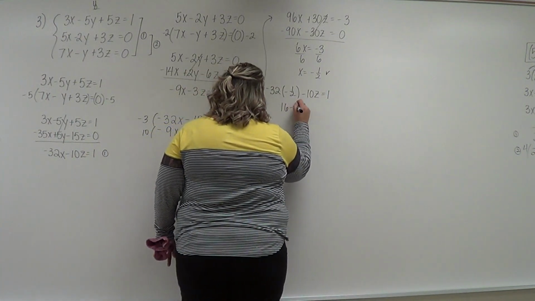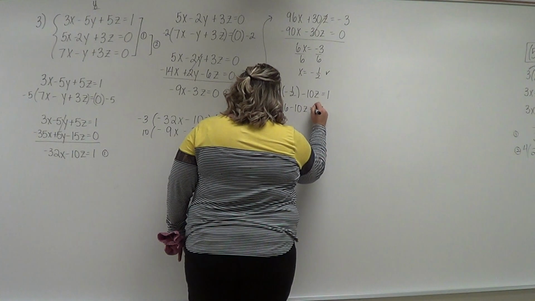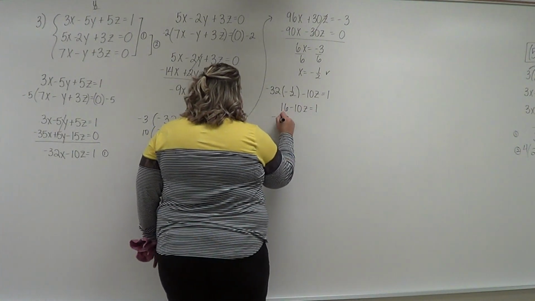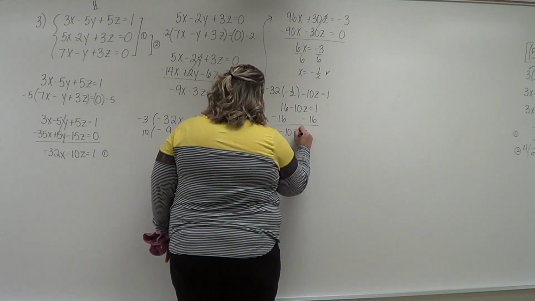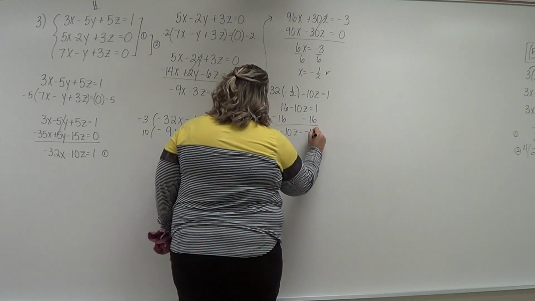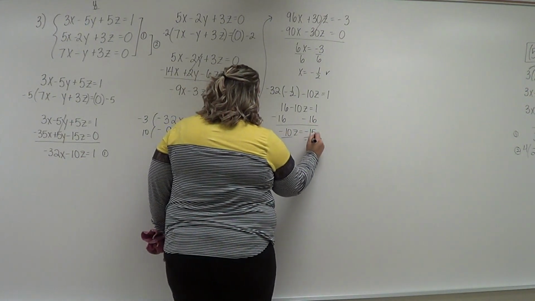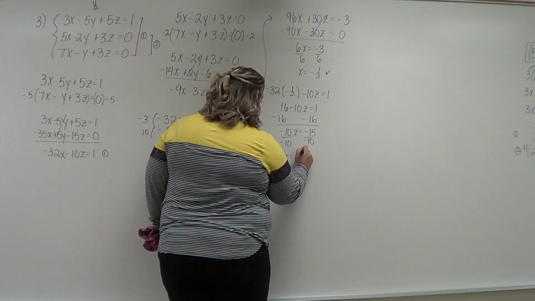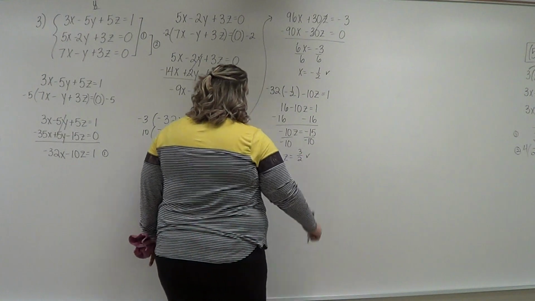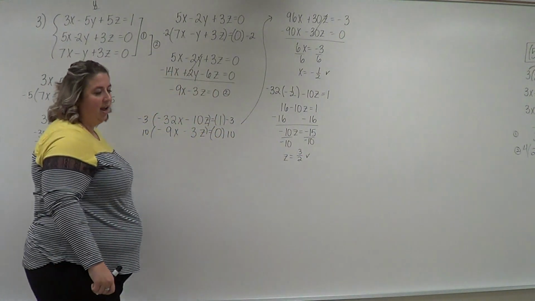So this would be 16 minus 10z equals 1. Subtract 16. So negative 10z equals negative 15. Divide by negative 10. z equals positive 3 over 2, or you could put 1.5 if you would like.